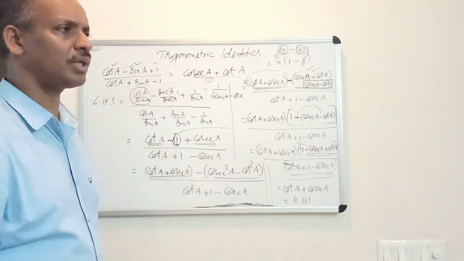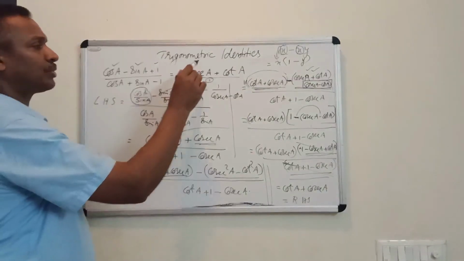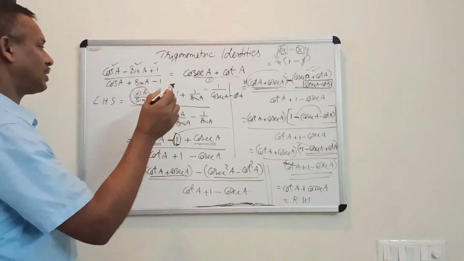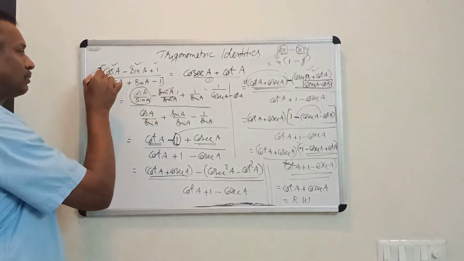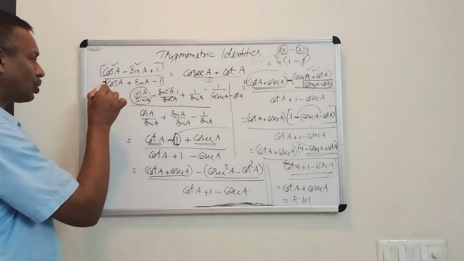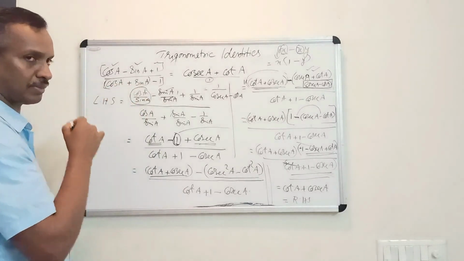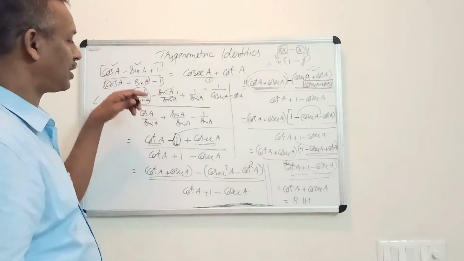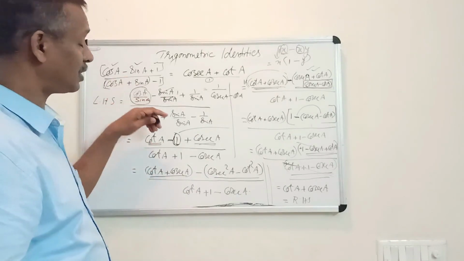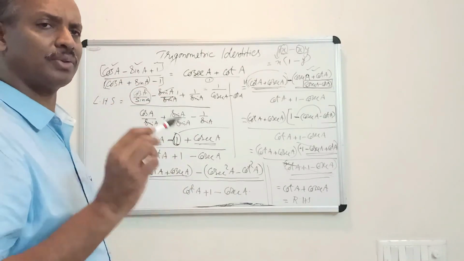And one more method you can do, instead of changing to cosec and cot or sec and tan, there is another way also. Take this bracket and group cos and sine together. We are not going to divide by sine or cos, in the numerator and denominator.